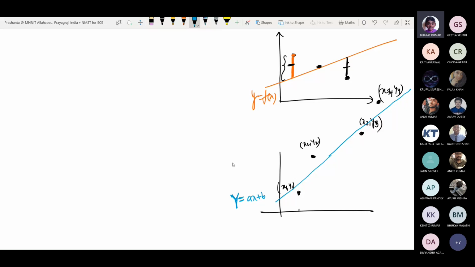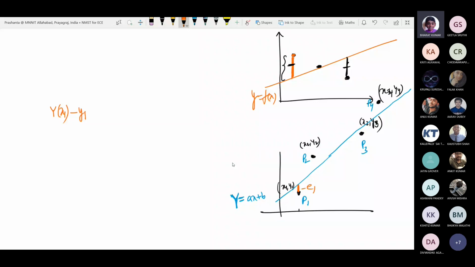So how much error do you see at the first data point? Let's say this is P1, P2, P3, this is P4. So the amount of error is this much. So what is that value? Capital Y evaluated at x1 minus y1. Okay, so that is the amount of error.